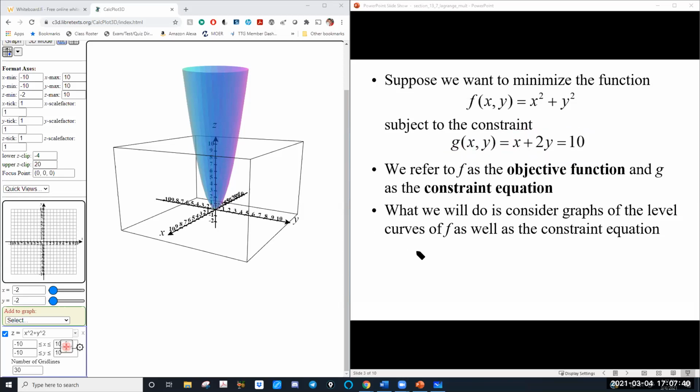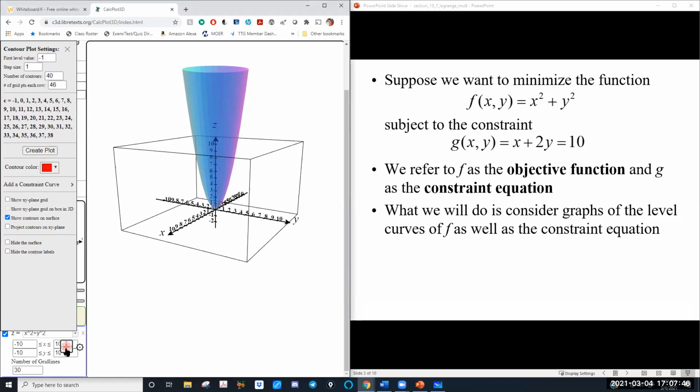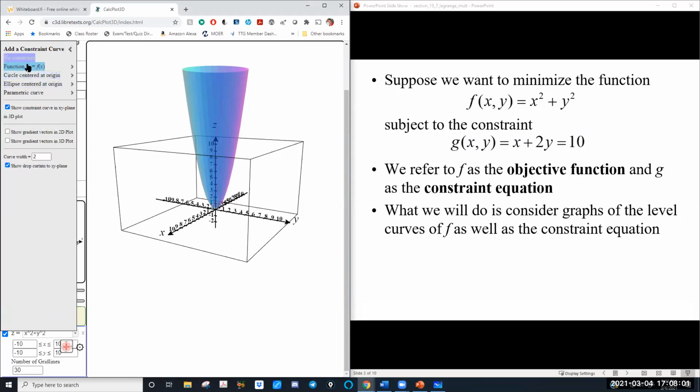Now, it's really cool where Lagrange multipliers comes from. So here's our curve, and in the contour plot settings, I can add a constraint curve. This is something that you can do when you go to work problems, so I wanted to show it to you. So add a constraint curve, and click that arrow, and here are your options: no constraint, a function. I do have to solve it for y, but that's okay, it's an equation.